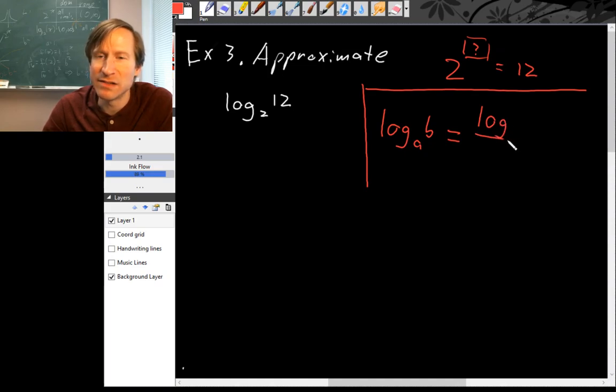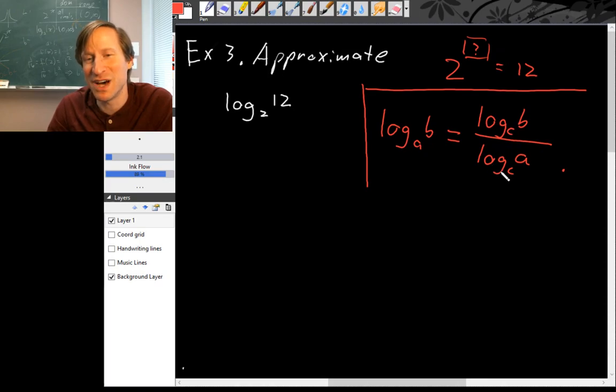Choose your new base, I'm going to call it c. So log base c of b, but you have to divide by log base c of the old base a. So sort of what this is saying is you can switch from base a to base c, but the price of doing that is you have to divide by log of the old base.